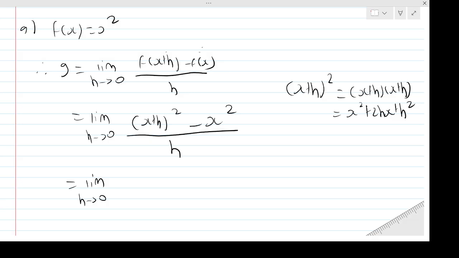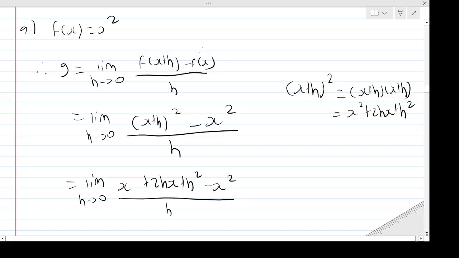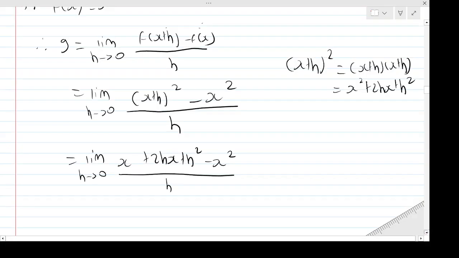So we get x squared plus 2hx plus h squared, take away our x squared, all over h. The x squareds cancel, since x squared take away x squared goes to 0. So I can simplify the top to get just 2hx plus h squared all over h.